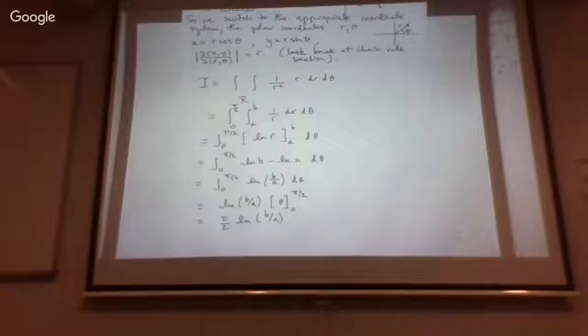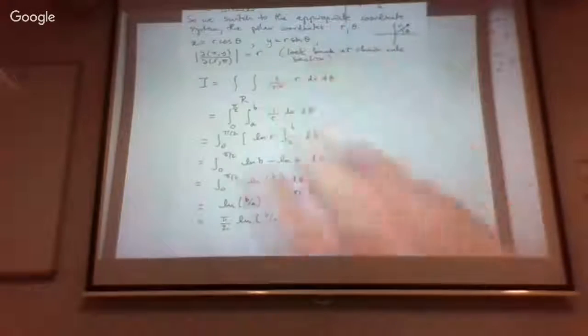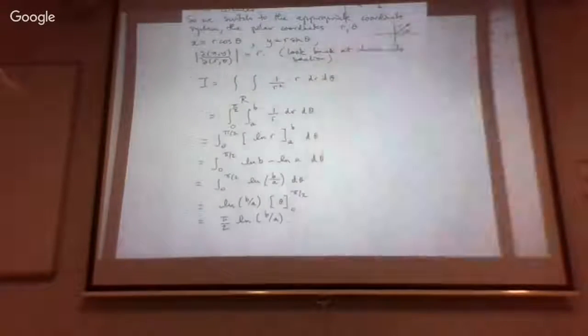But if you were to have attempted it in the Cartesian coordinates x and y, it would be off. And you would have to make use of effectively trigonometric substitutions, substituting trigonometric functions in for the x and y. So in effect, you would have had to do the equivalent work of transferring to the polar coordinates.